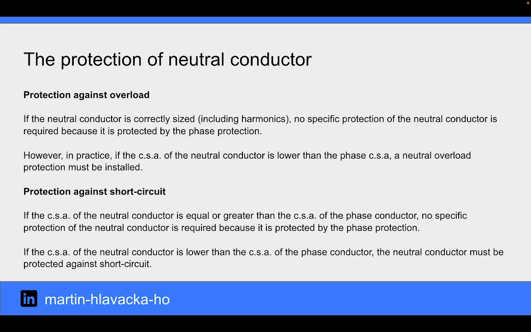Now, if the CSA of the neutral conductor is equal to or greater than the CSA of the phase conductor, no specific short circuit protection of the neutral conductor is required because it is protected by the phase protection. If the CSA of the neutral conductor is less than the CSA of the phase conductor, then the neutral conductor must be protected against short circuits.